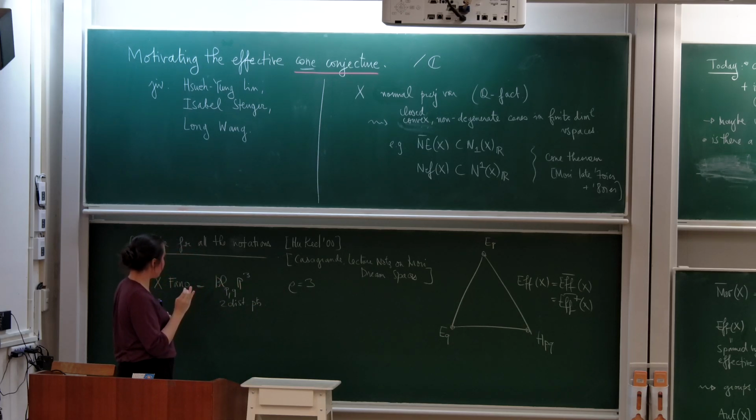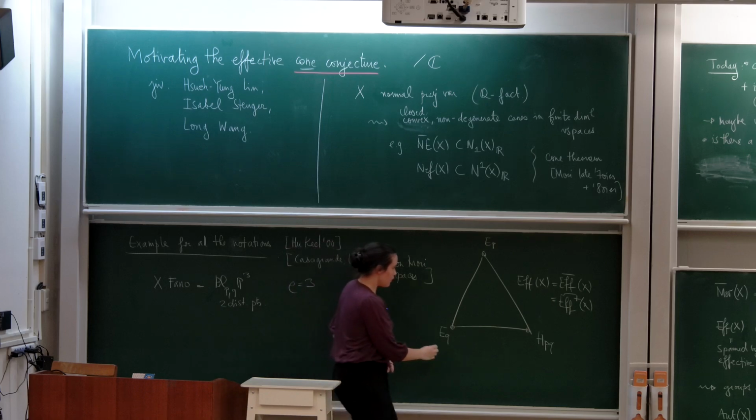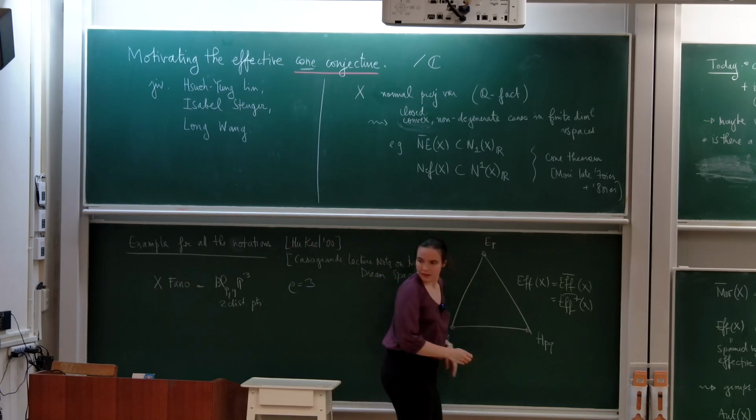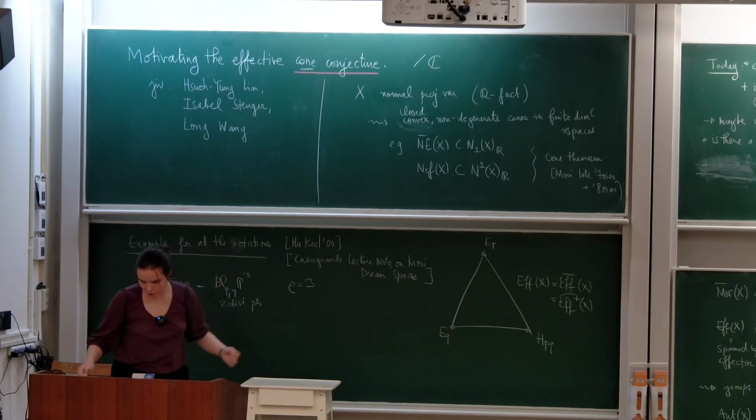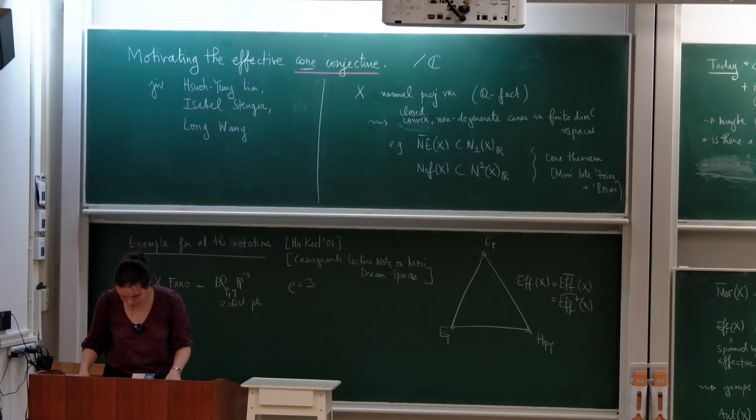Now if you care about the Nef cone, well, that should be okay. So you're going to have pullbacks from the base, from P3, sorry.